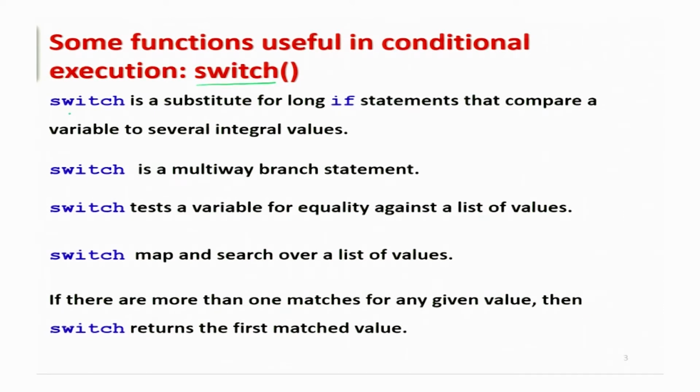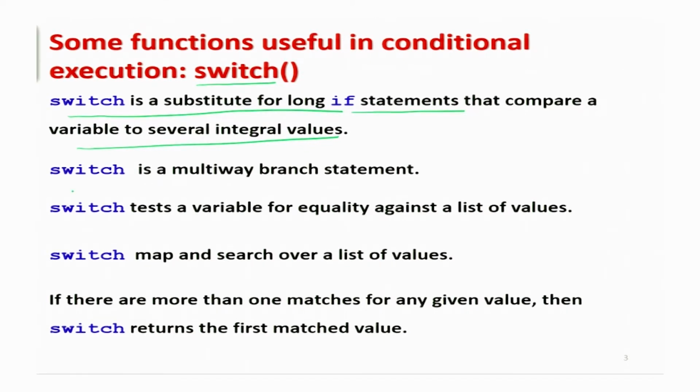So actually this switch is a substitute for long if statements that compare a variable to several integer values, right? I mean, suppose you have some sequence of numbers, say 1 to 100, and you want to know where this number 99 is coming; this type of information you can obtain from such a function.